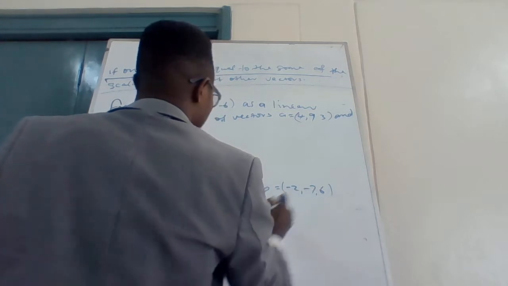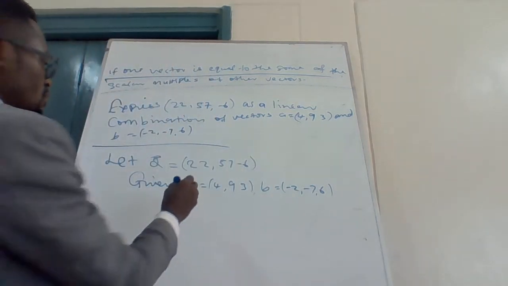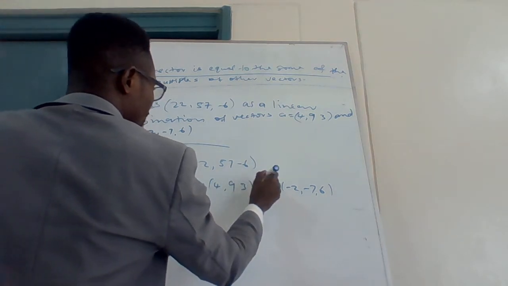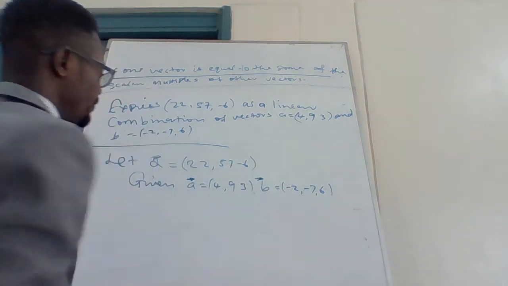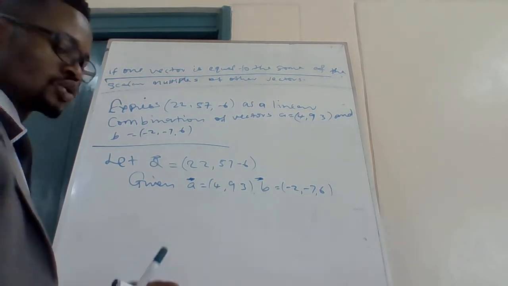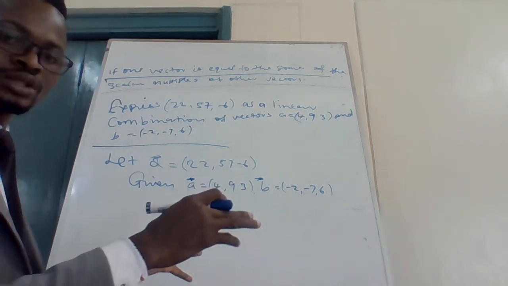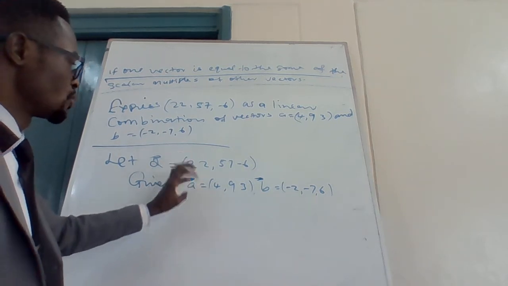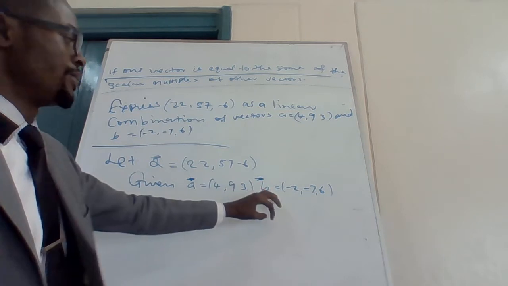So these are our two vectors. Of course, you need to put the cap, A cap and B cap, because now we are referring to vectors, and vectors also show the direction and the magnitude of what we are talking about. So you must put the cap on A and B.